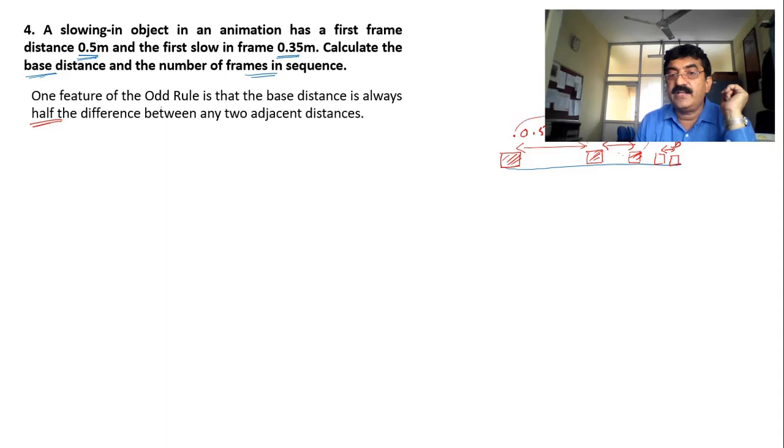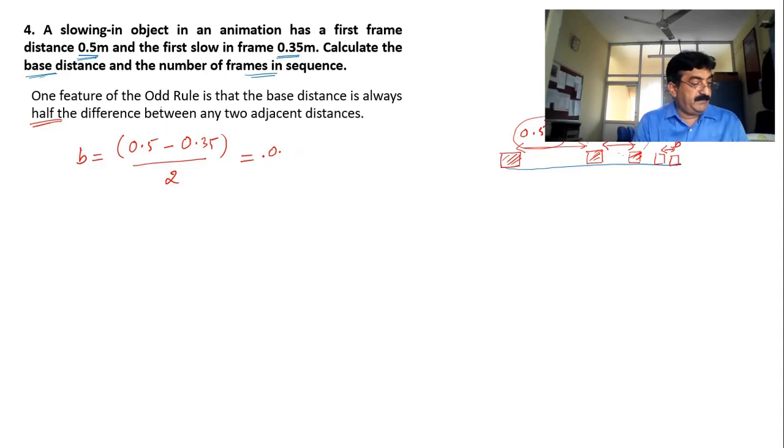Therefore, this and this difference I have to consider. So base distance is nothing but 0.5 minus 0.35. They are saying half the difference between any two adjacent frames. So that is 0.5 minus 0.35.